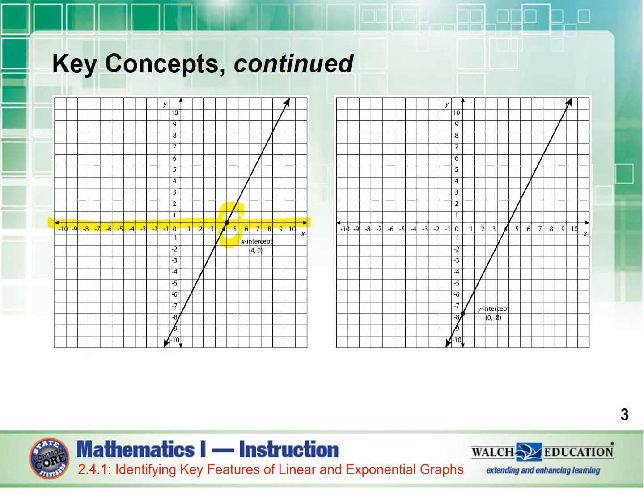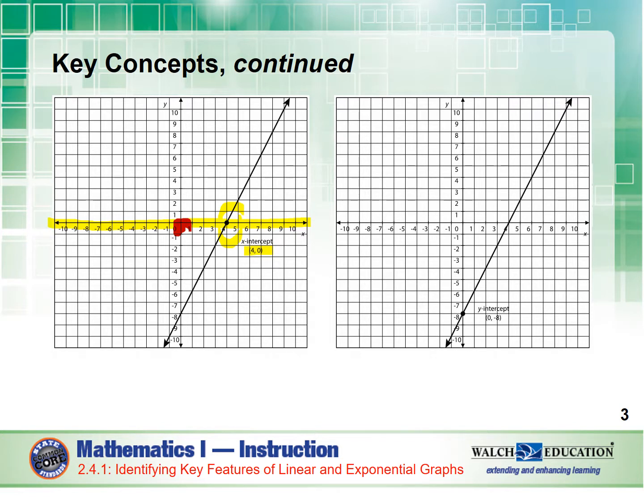It intercepts the x-axis at the point (40, 0), okay? For the x-intercept, your y value is always going to be 0, because the y value is 0 at any point along the x-axis, okay?